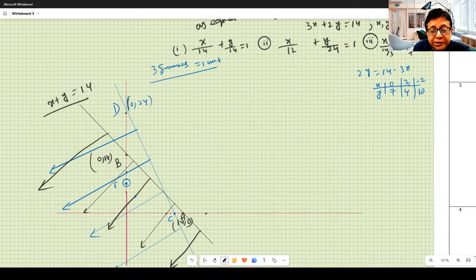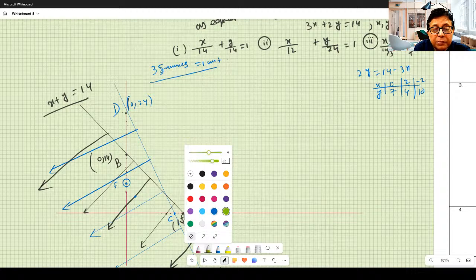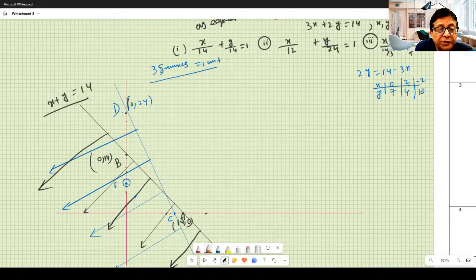So you can plot it. Just take different ink. We are taking this one just for joining these two points.